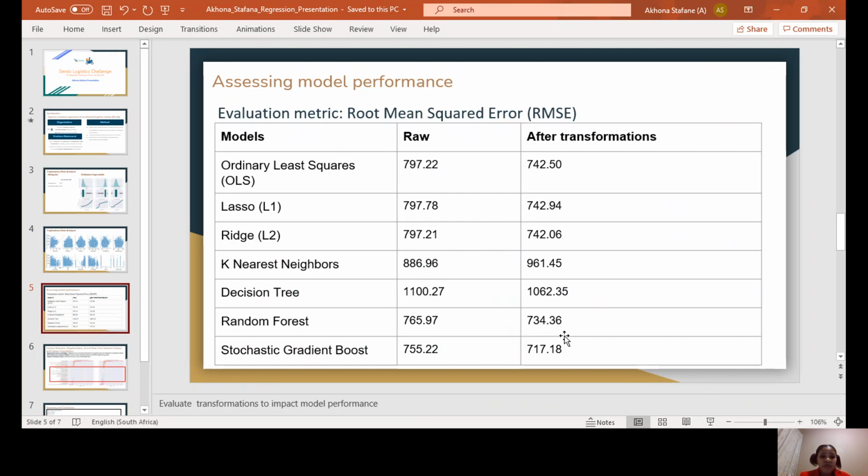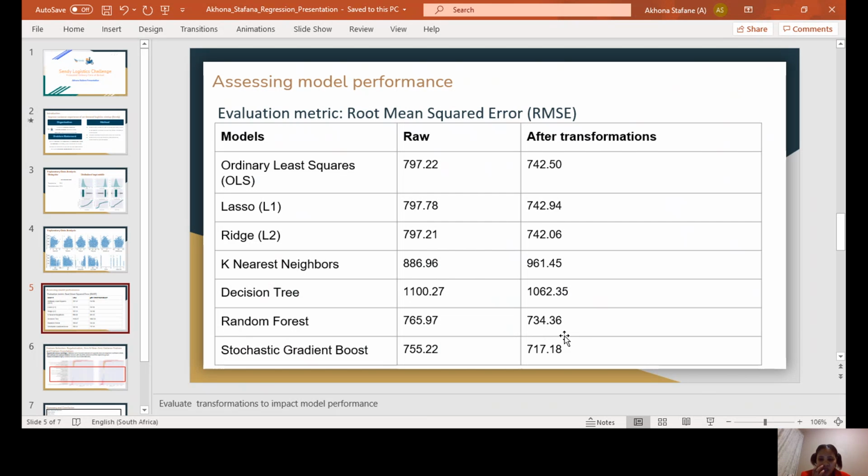The models that were built were ordinary least squares, OLS, the lasso, ridge, k-nearest neighbors, decision tree, random forest, as well as the stochastic gradient boost. The ordinary least squares model outperformed the rest of the models, excluding the gradient boost, which had the lowest root mean squared error.